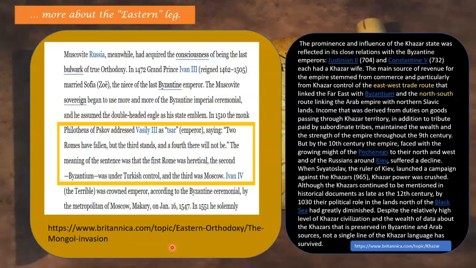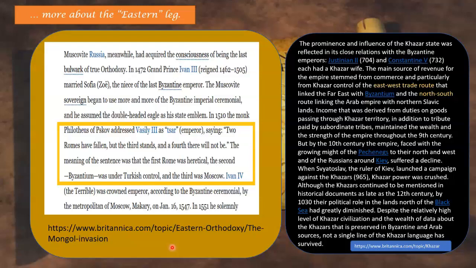Income that was derived from duties on goods passing through Khazar territory, in addition to tribute paid by subordinate tribes, maintained the wealth and the strength of the empire throughout the 9th century.